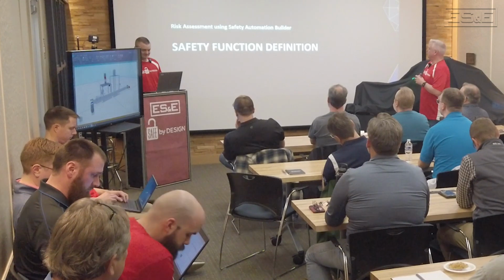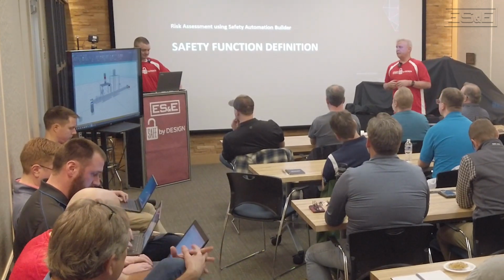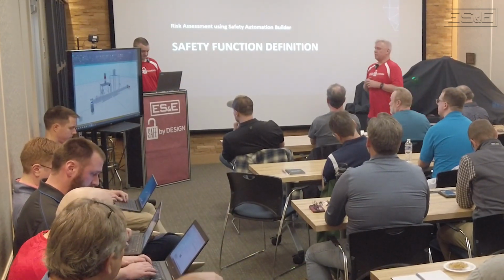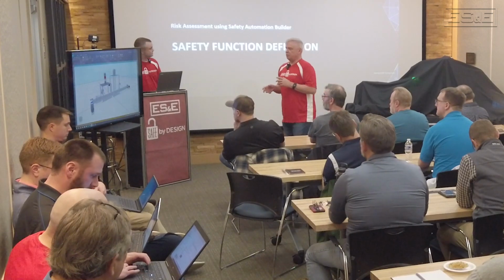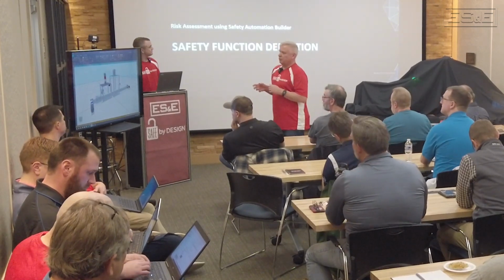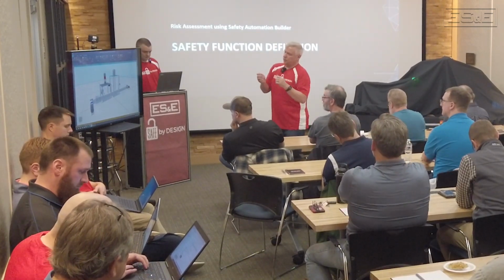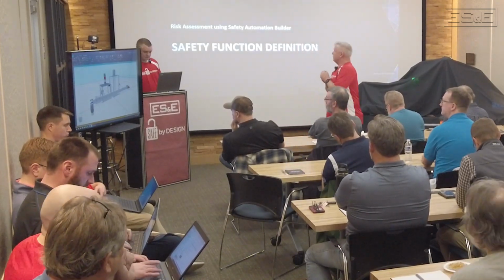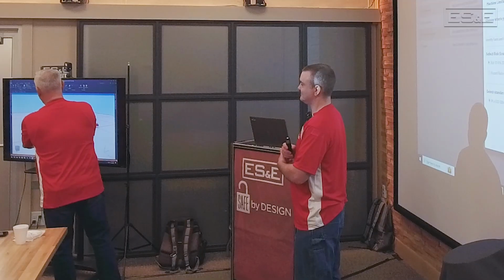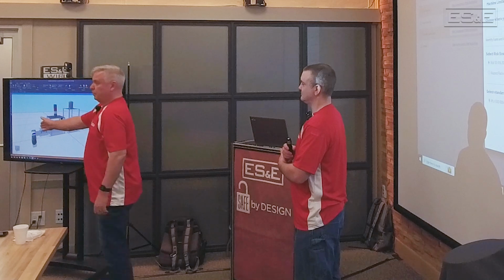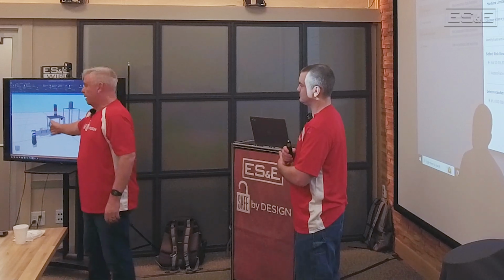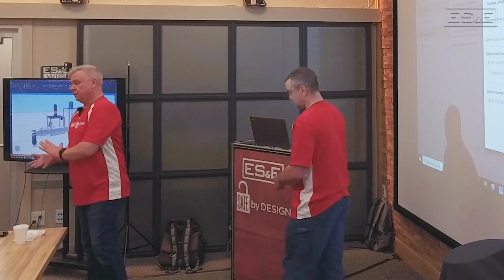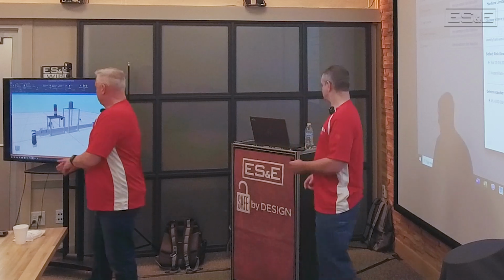So we're going to look at the machine design here. If I remember correctly, we've got a weigh station, and the operator would take the plate off the weigh station and put it on the conveyor. At that point, the trolley would move forward. So there is definitely a hazard there, with the operator potentially getting their fingers, hand, or wrist involved.